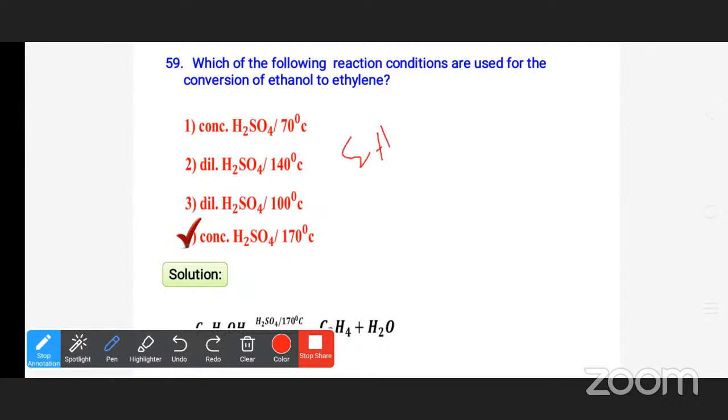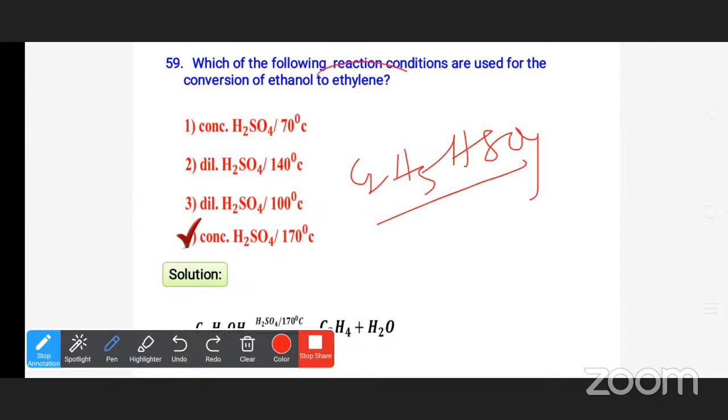Ethyl alcohol C2H5OH in the presence of alumina Al2O3 at 250 degrees Celsius forms diethyl ether C2H5OC2H5. Ethyl alcohol with concentrated H2SO4 at 140 degrees Celsius also forms diethyl ether. With concentrated H2SO4 at 100 degrees Celsius it forms C2H5HSO4.